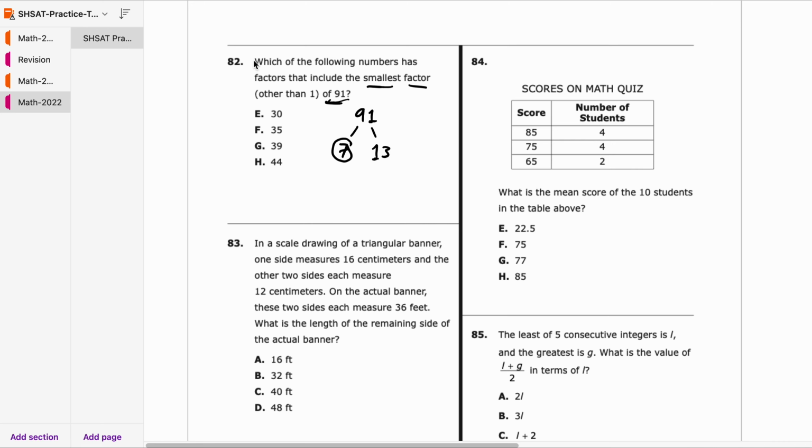So therefore, let's read the question again. Which of the following numbers has factors that include the smallest factor of 91? Well, that's 7. So, which of the following numbers has factors that include 7?